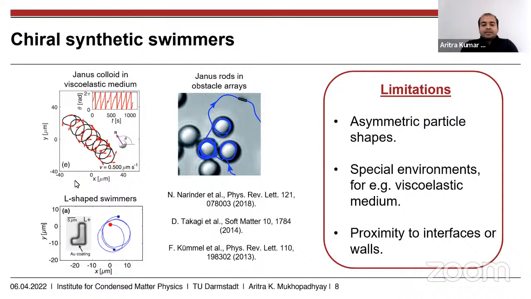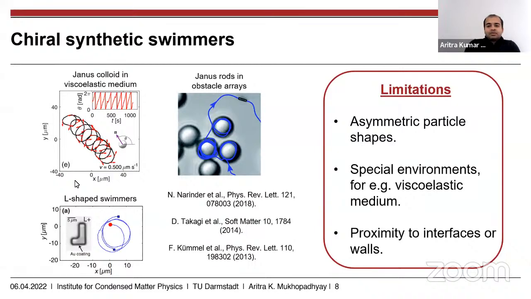And this provides the motivation for our current project, which I'll talk about today. Here we try to address these limitations and develop a new class of droplet swimmers, which can propel without requiring an asymmetric particle shape or any specialized environment.